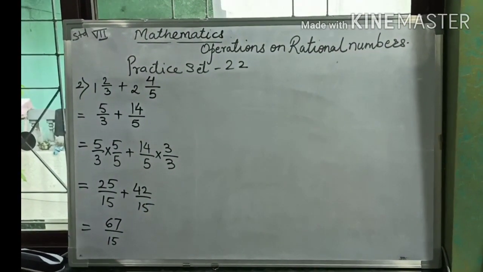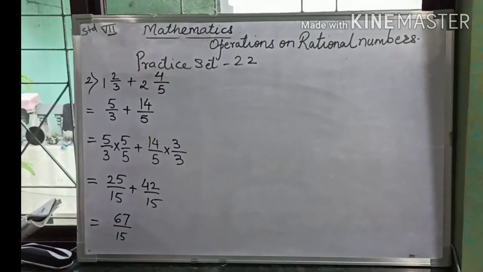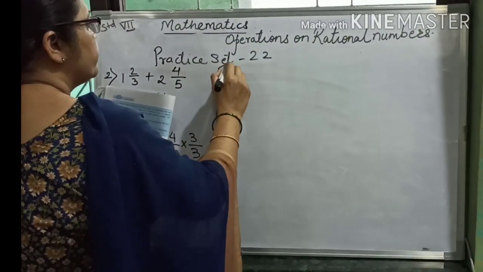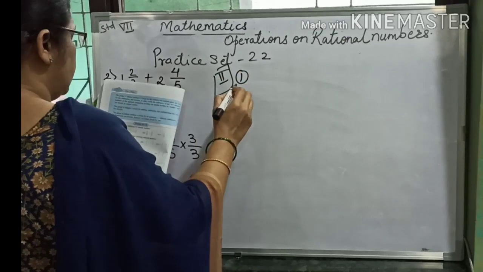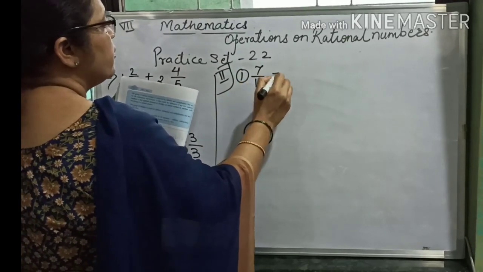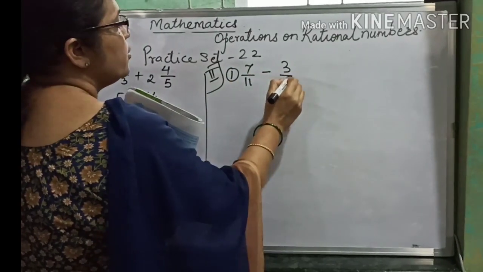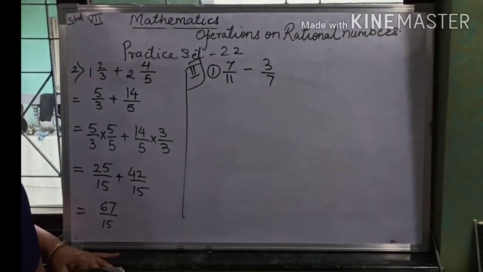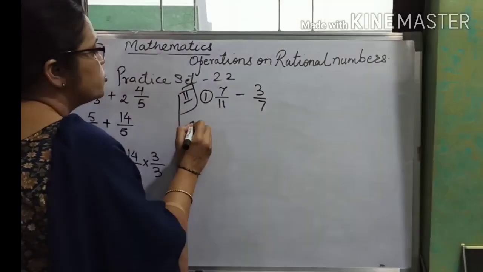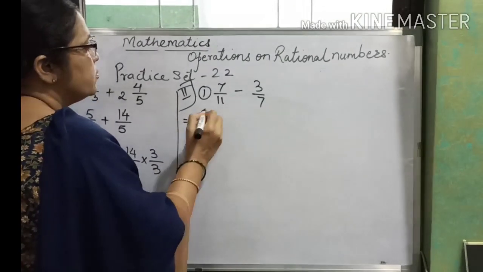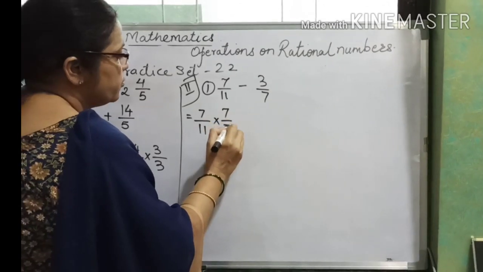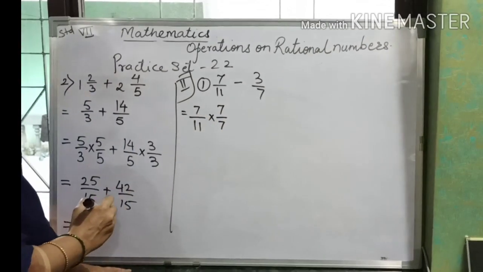Carry out the following subtraction involving rational numbers. First sum, 7 upon 11 minus 3 upon 7. So looking at 11 and 7, the LCM is 77. So 7 upon 11 you have to multiply by 7 to get the denominator 77.